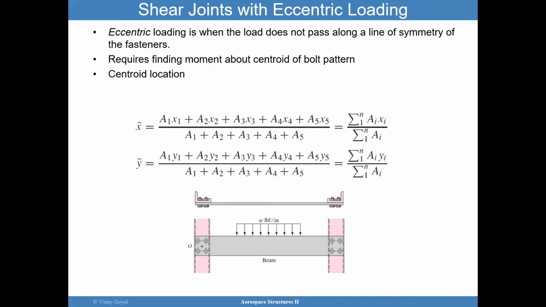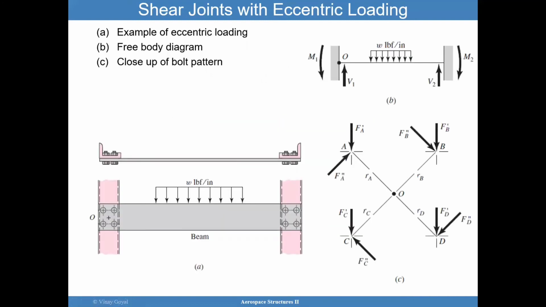A here can be the cross-sectional area of the bolt, and X can be the distance to an arbitrary axis that defines the location from the bolt to the y-axis. And so here's how you calculate the centroid for such a situation. Shear joints with eccentric loading should be considered, and here's an example of eccentric loading.